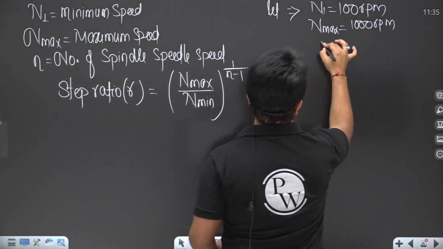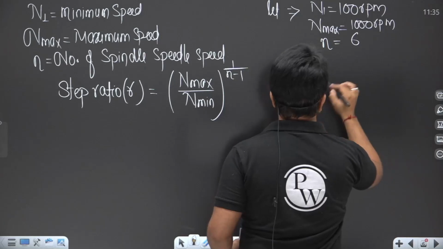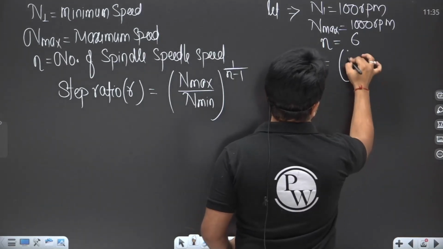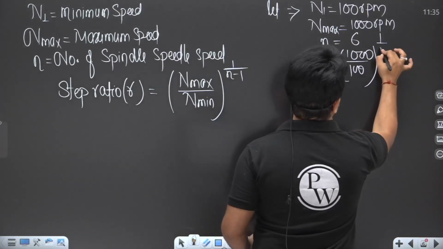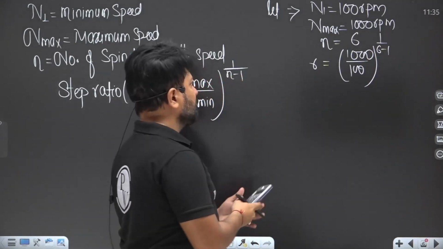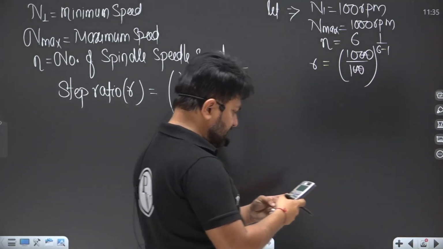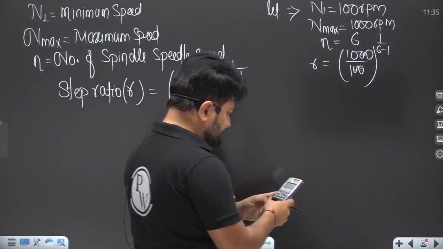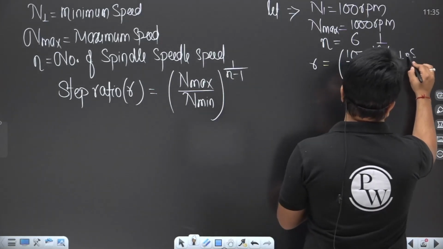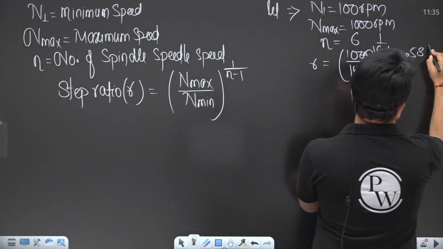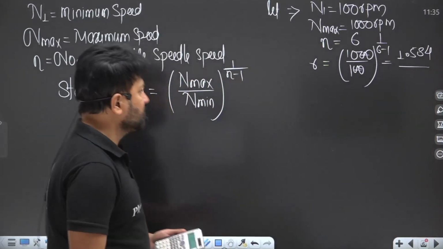The number of speeds, small n, you need is 6. So the step ratio is 1000 divided by 100, to the power 1 over 6 minus 1. So 10 to the power 1 by 5 comes to 1.584. My dear, this is the step ratio.